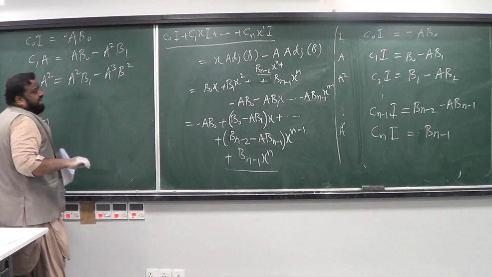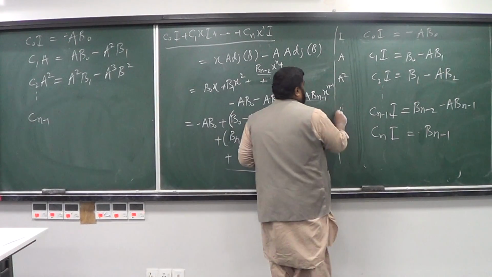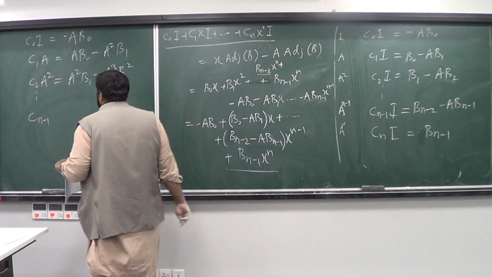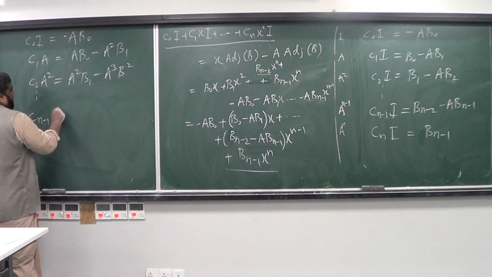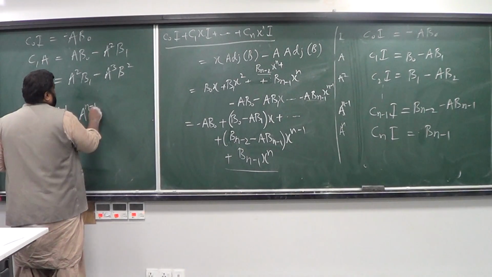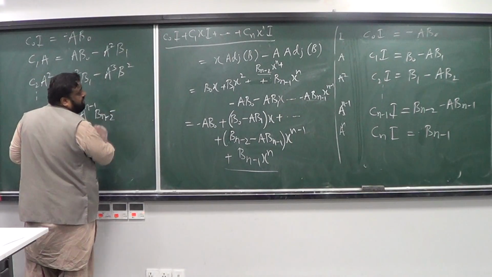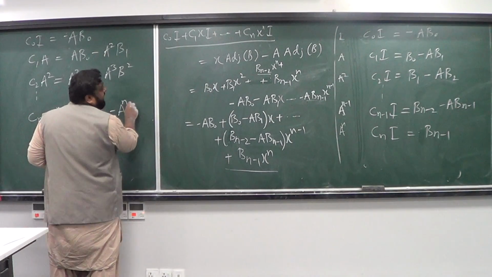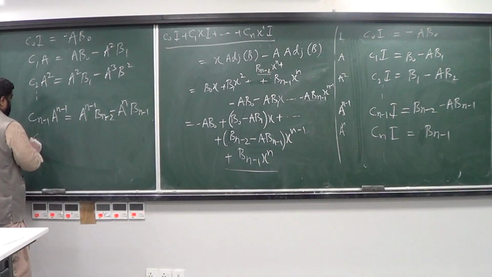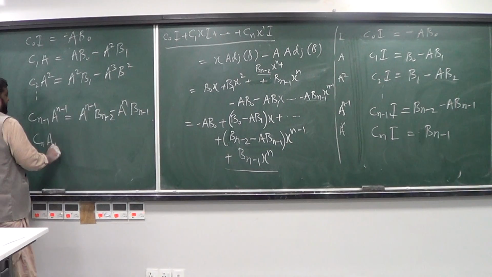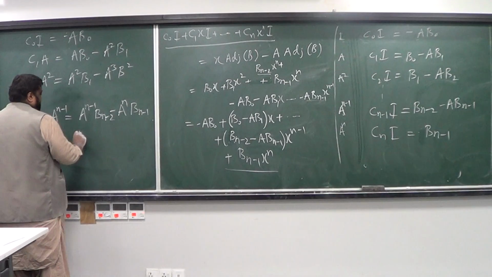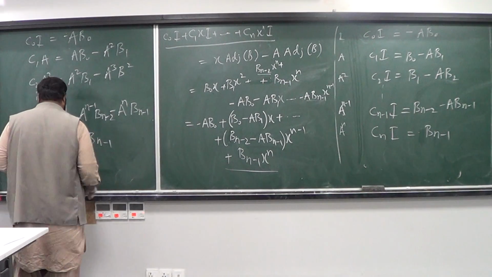If I multiply this equation by, say, A to the power n minus 1, what you're going to get is C(n-1) A to the power n minus 1 equal to A to the power n minus 1 B(n-2) minus A to the power n B(n-1). Okay? And if I multiply the last equation by A to the power n, what you're going to get is A to the power n B(n-1).